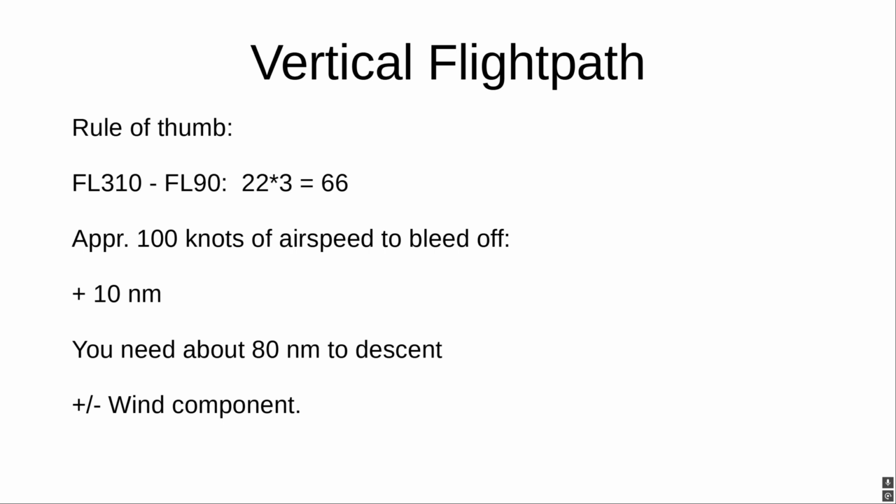So if you take these two numbers, you end up around 80 nautical miles from a conservative point of view. You will have some wind component, and you might round this up to 100 nautical miles if you want to be safe.